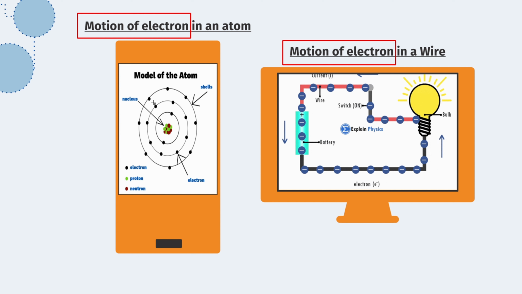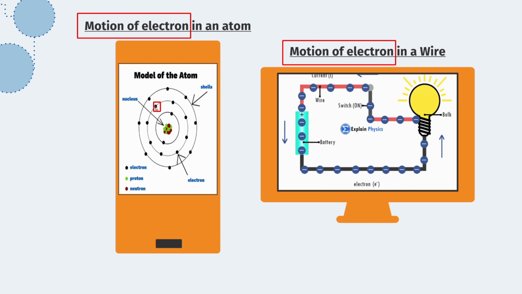So, in this example, we can see that there are certain electrons revolving around the nucleus. These electrons are basically undergoing two types of motion. The first one is orbital motion, where the electrons are moving in an orbit, in a circular form around the nucleus. Another motion these electrons undergo is spin motion, where they spin around their own axis.